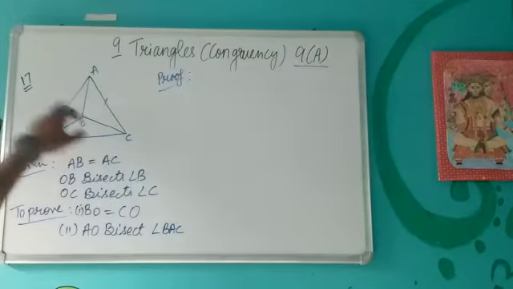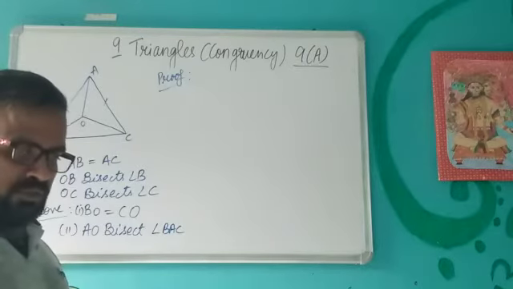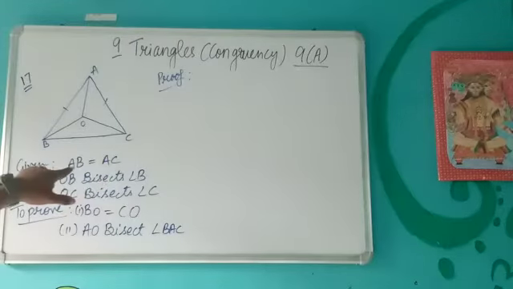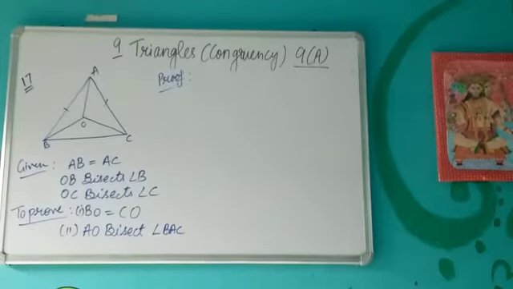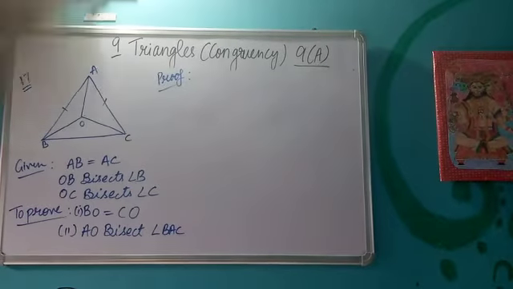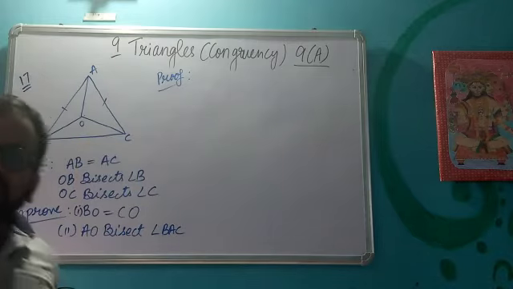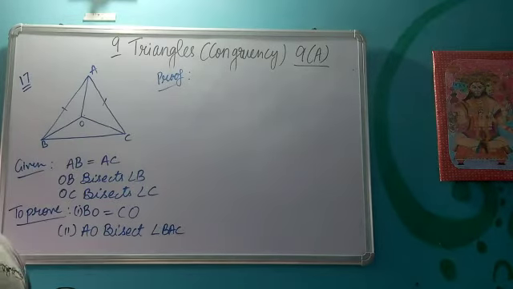See, AB equals AC, that means it is an isosceles triangle. In case of the isosceles triangle, when two sides are equal to each other, we know that whenever in a triangle two sides are equal, their opposite angles are also equal.